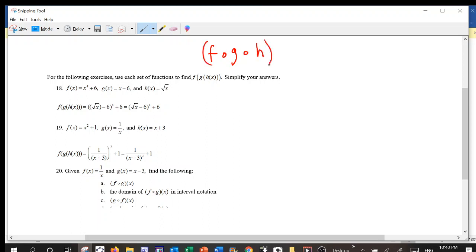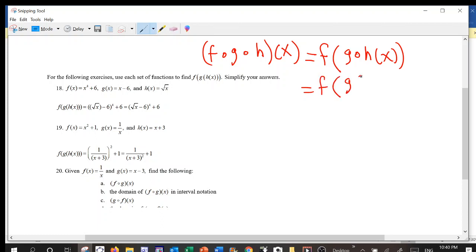So there are 3 functions, right? What does that mean? Well, this means f of g compose h of x, right? And we know g compose h of x is g of h of x, right? That's what we want to find.